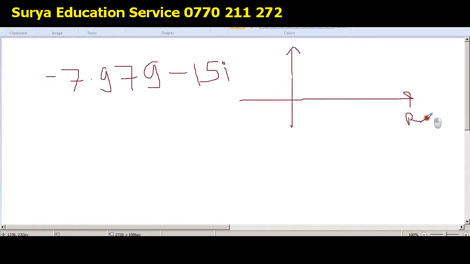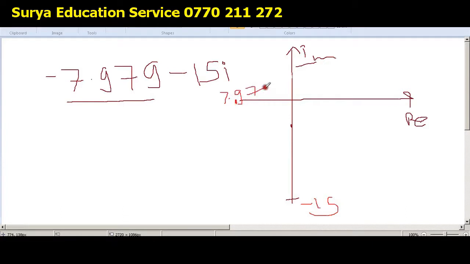This one denotes the real axis and this one denotes the imaginary axis, right? Minus 7.979 is the real component, which would be somewhere here. The minus 15 would be the imaginary component, which would be somewhere here.